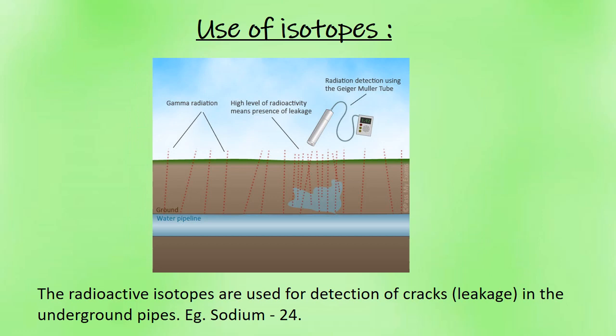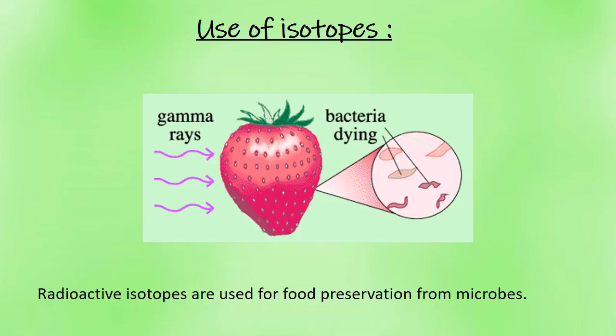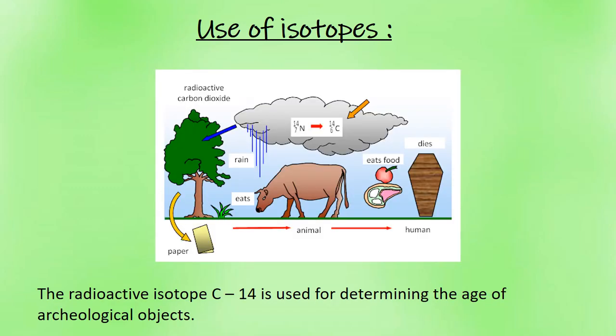The radioactive isotopes are used for detection of cracks, that is leakage in the underground pipes. Example, sodium-24. Radioactive isotopes are used for food preservation from microbes. The radioactive isotope C14 is used for determining the age of archaeological objects. So these were the uses of isotopes.